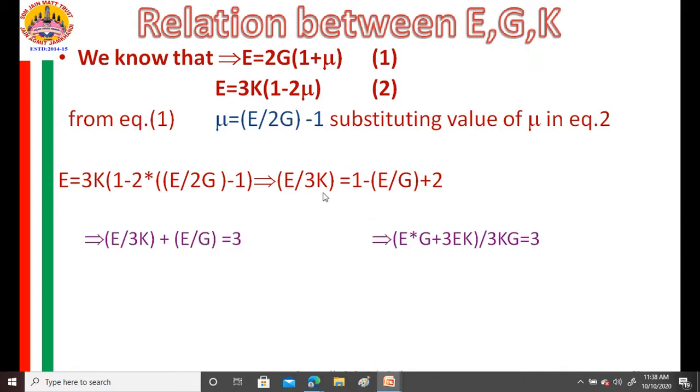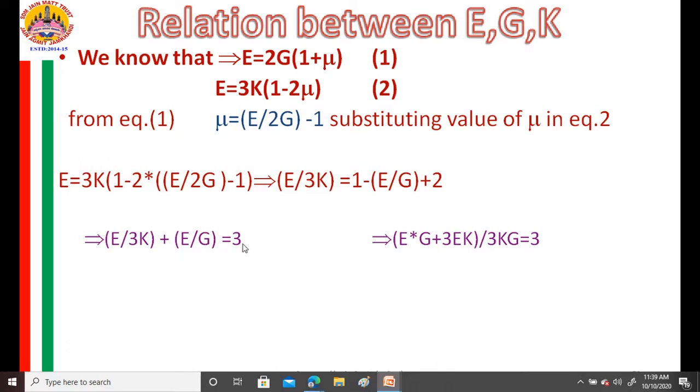E by 3K is equal to 3 minus E by G. E by G you take on this side. What you will get? E by 3K plus E by G. What is left out on this side? 1 plus 2, that is equal to 3. So E by 3K plus E by G equals 3.